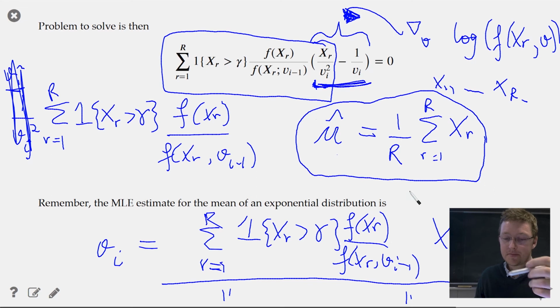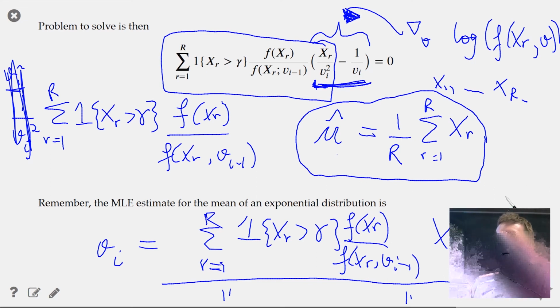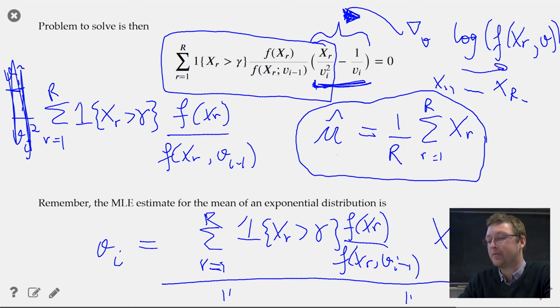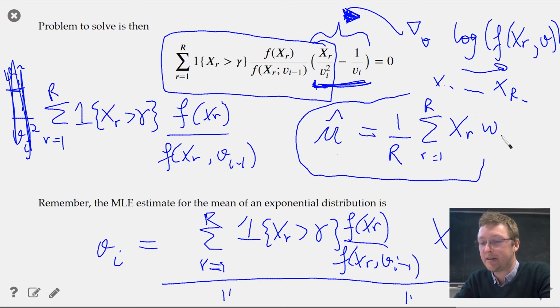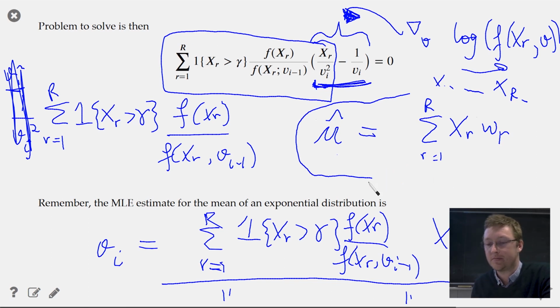So let's take it a little bit further. Let's say that you wanted to weight some points so that they're more important to you than others. You want the fit to favor, I don't know, maybe the later points rather than the earlier points. Then the way you would do that is you would give weight to them by throwing in a w_r here, and then instead of dividing through by R, you divide through by the sum of those weights.